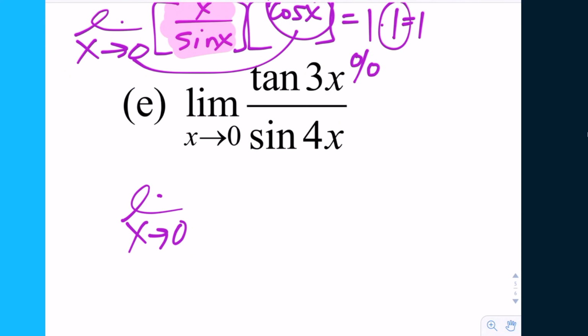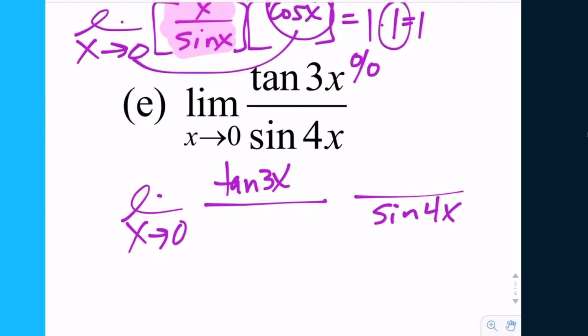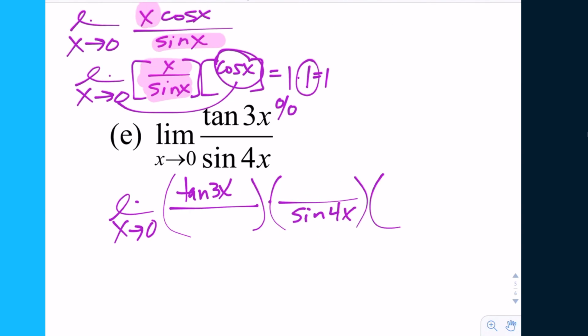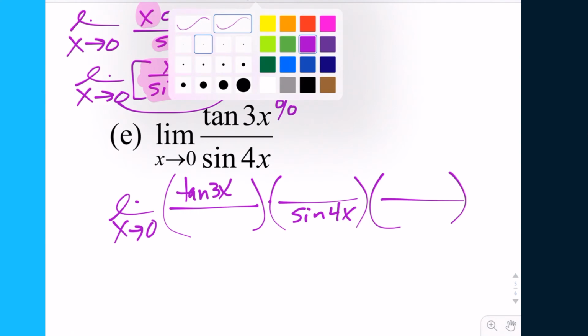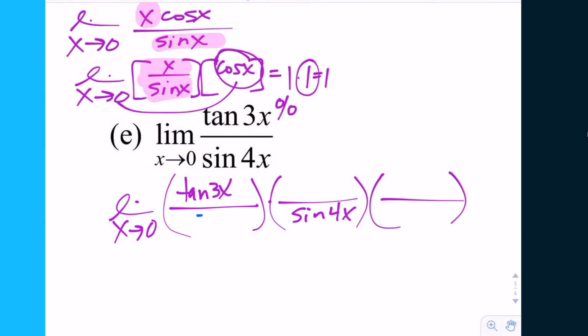So let's create what we know to be 1. I have a tangent of 3x here, and a sine of 4x there. I'm just splitting them up, giving them their own factor. In order to call each of those factors 1, it needs to be tangent of 3x over 3x. Even though we're missing an x as well, we can multiply by 3x in the bottom, as long as we put another factor of 3x in the numerator somewhere else, which I'll put back here.